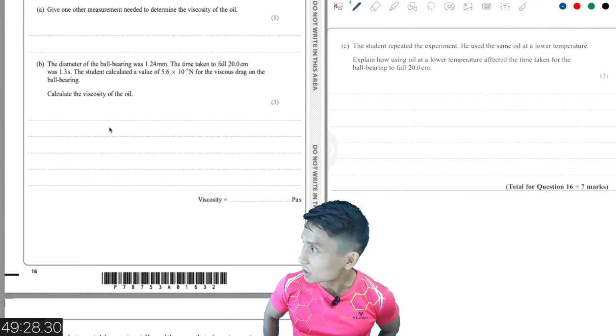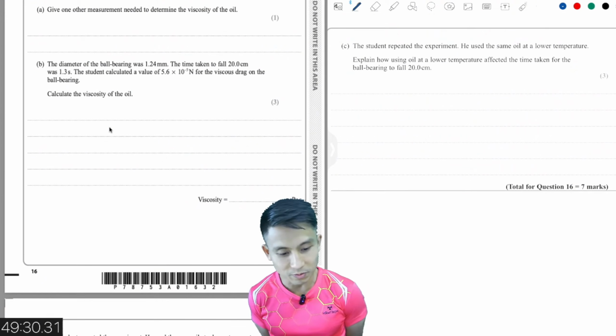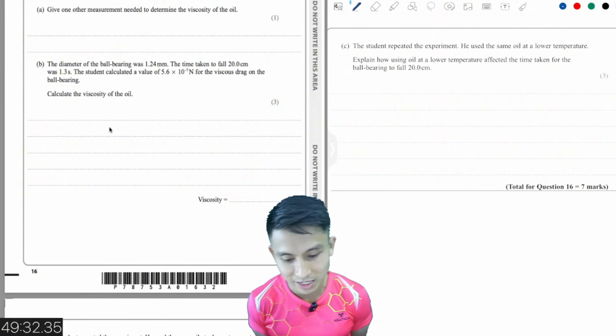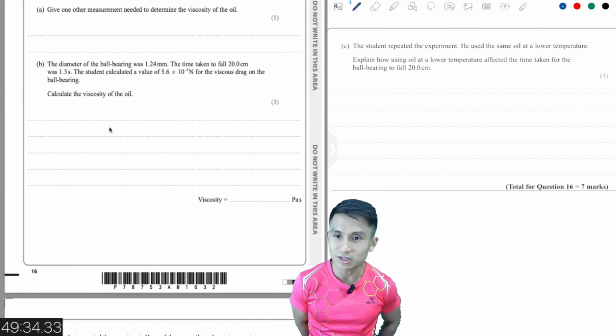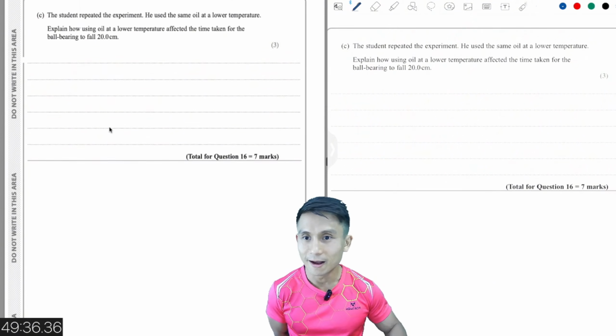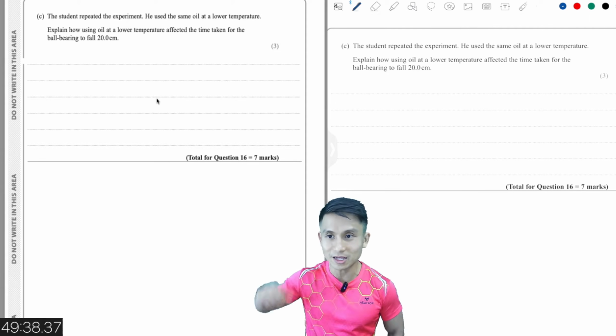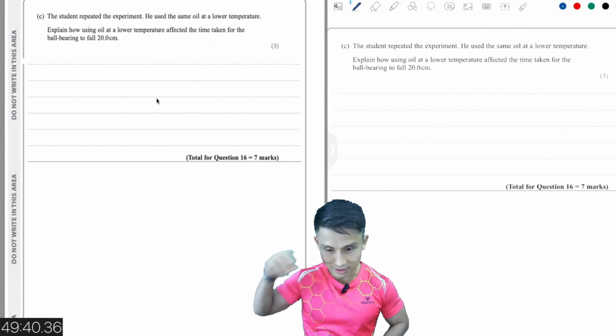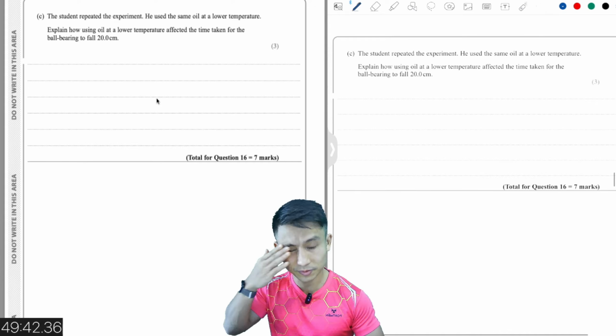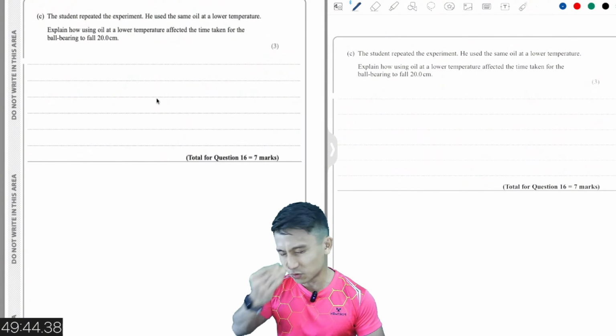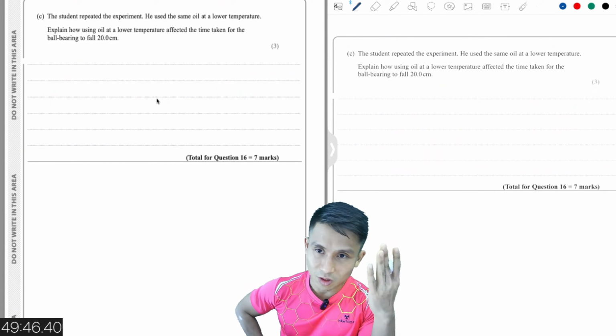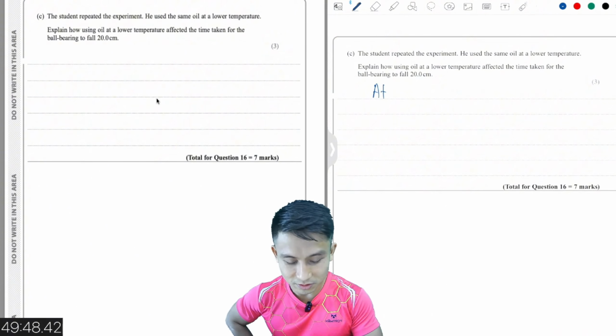Student repeated the experiment. He used the same oil at a lower temperature. Explain how using oil at a lower temperature affected the time taken for the ball bearing to fall. Right. So if you lower the temperature, we're just going to go with the logic there.